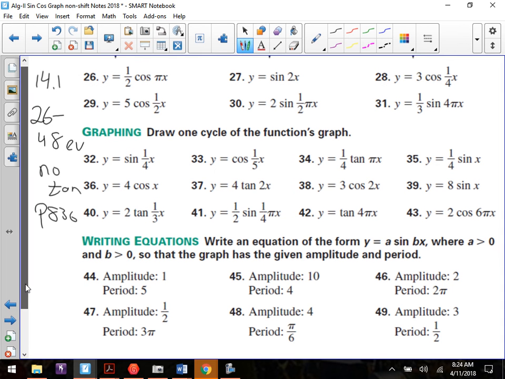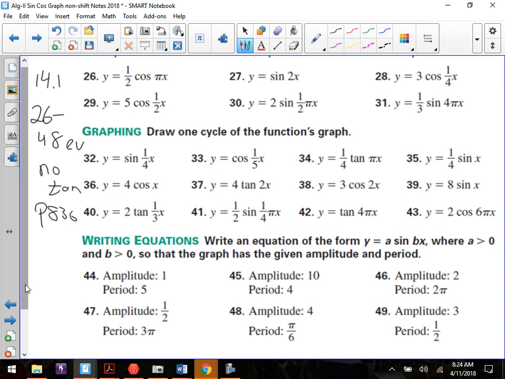What I have on here, I tried to put it all to fit. This is section 14.1, on page 836. I will post this, but I left it all on one thing if you want to just take a picture of it. I want you to do 26 through 48, and it's all graphing, drawing one cycle of it, which means just one period.